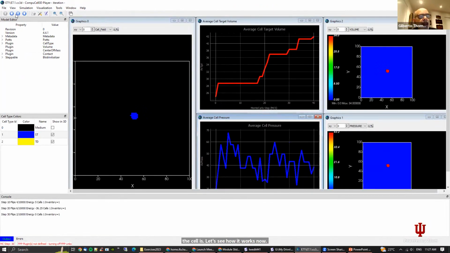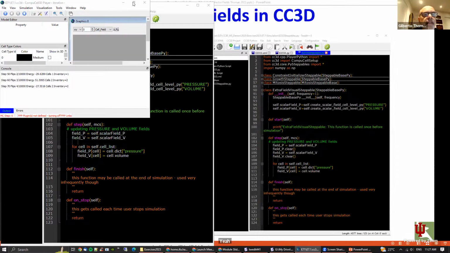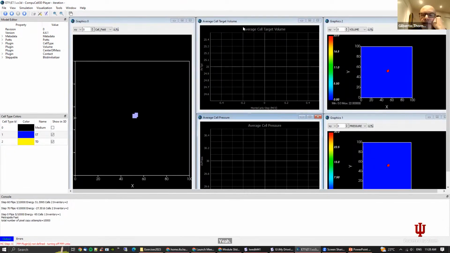See? Let's start over just to see. So the code and the setup for the windows are already prepared for you.